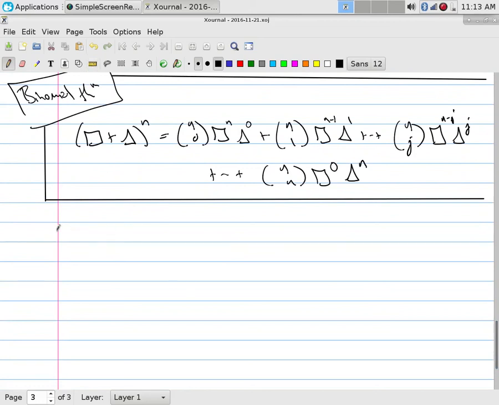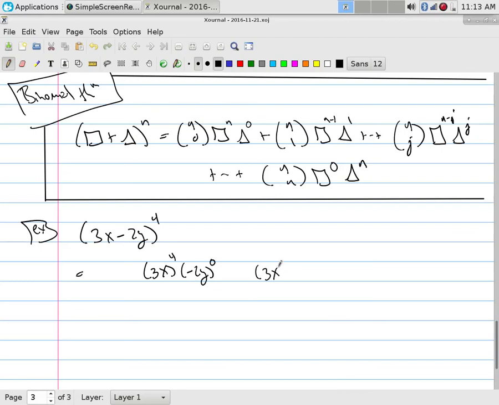And so if I would do, for example, what is 3x minus 2y to the 4th power? How do you do this? We just simply do this and say, ignore your coefficients for a second. This is 3x to the fourth, negative 2y to the 0.